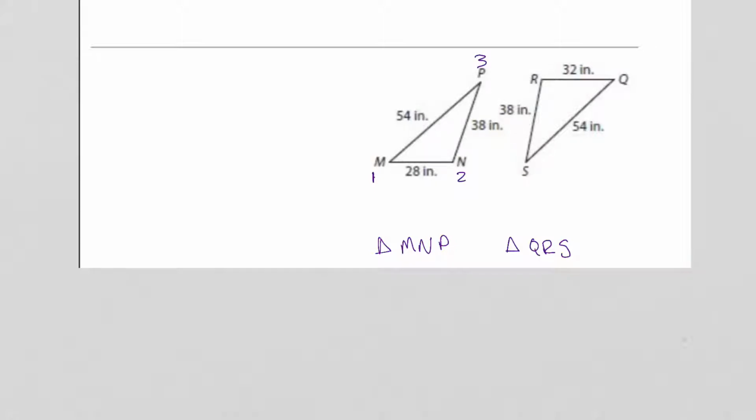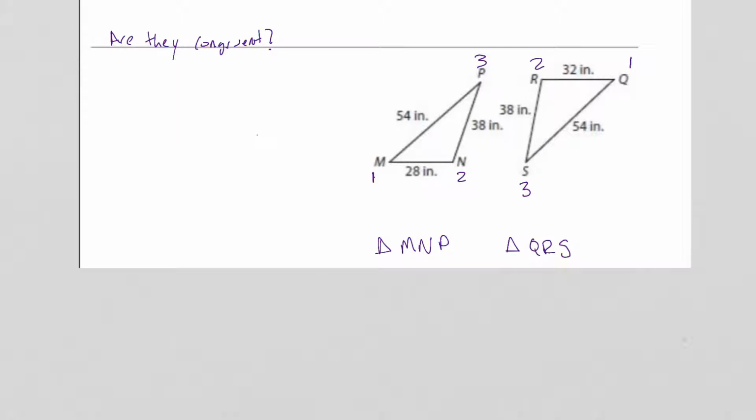And it's just going to make my life easier if I do this. So the question is, are these two triangles congruent? And we're hopefully asking this question by the side-side-side congruence theorem.